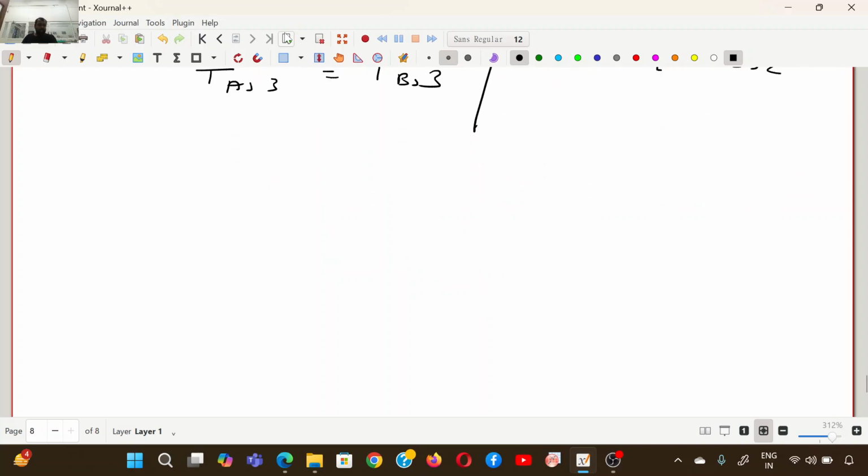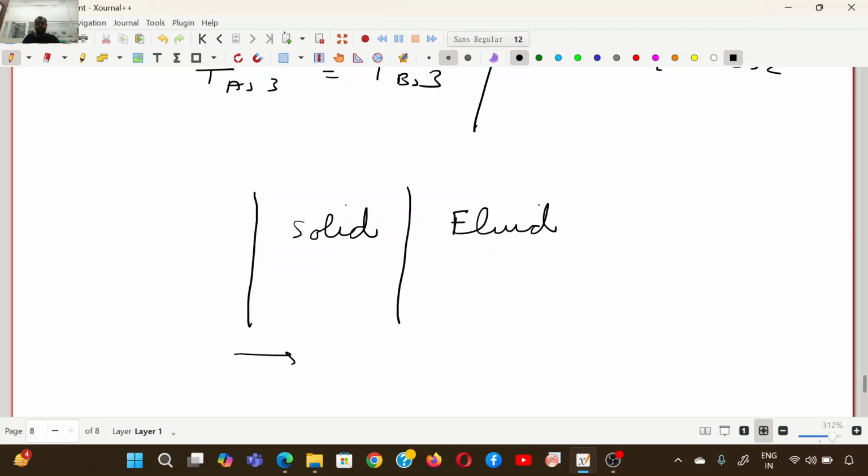So assuming that, say this is a wall, there is some solid here. This is the solid liquid interface, and this is the fluid. This is the x direction.